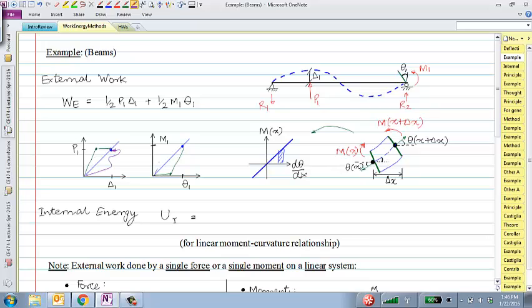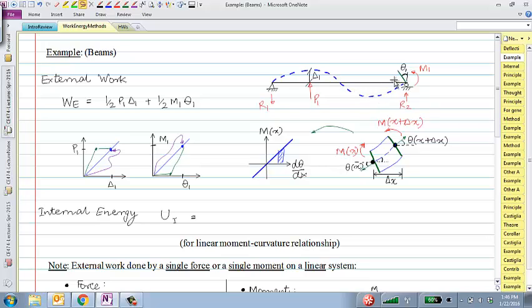You could, let me undo that. So 3, 4, or infinitely many different paths of loading. In all cases, the total external work done would be half P1 delta 1 plus half M1 theta 1. And all of that external work, as we do it, is going to be stored as bending energy within the beam.